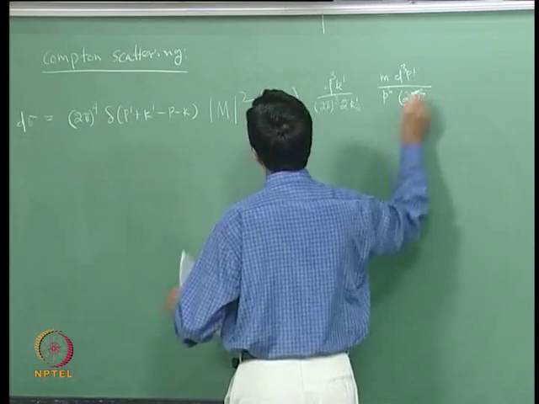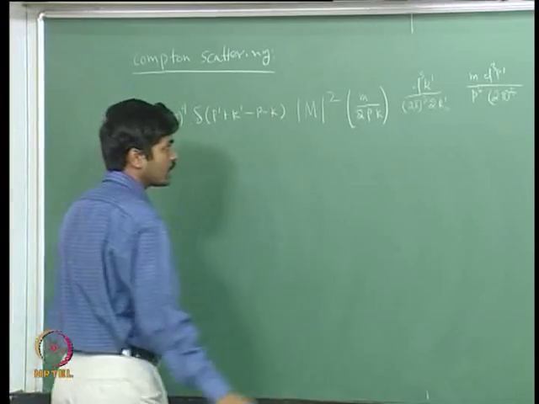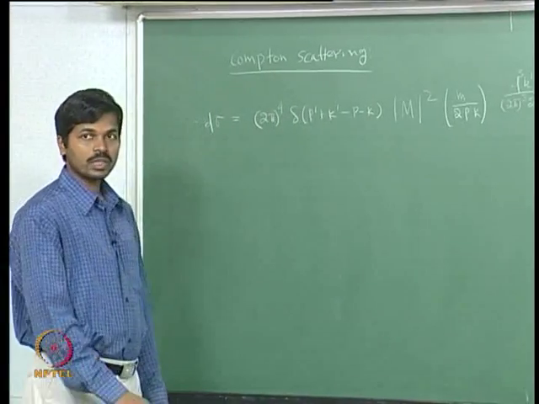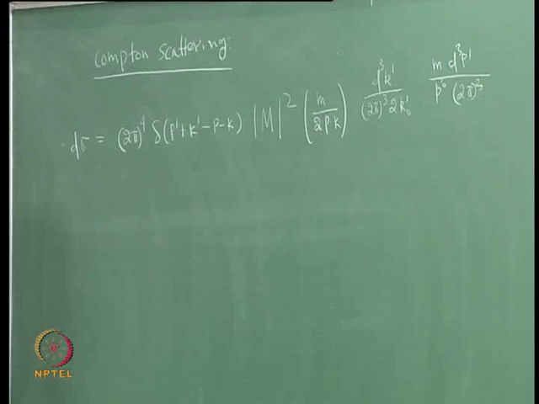(2 pi)^3. Now, what we want to consider is the initial electron to be unpolarized, and also we do not want to detect the polarization of the outgoing electron.